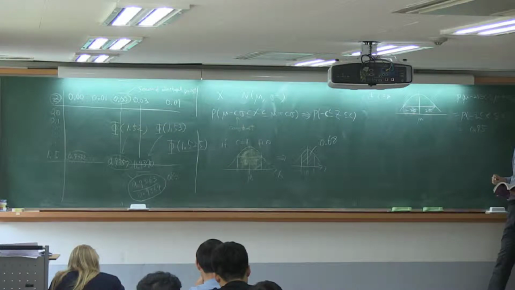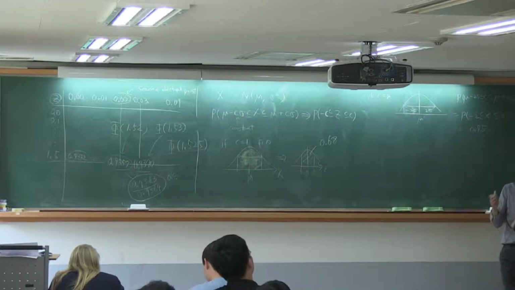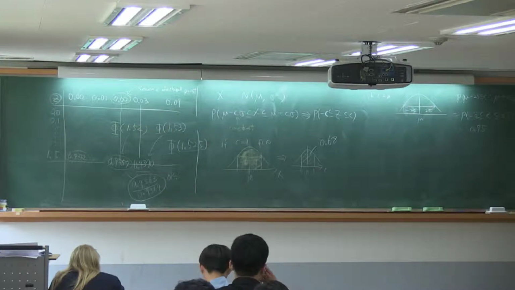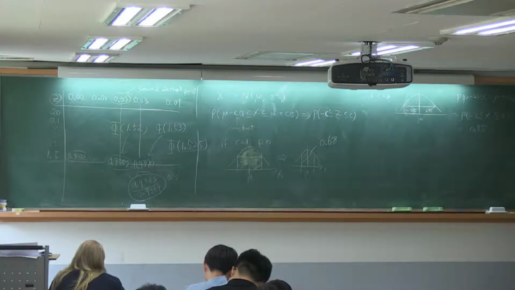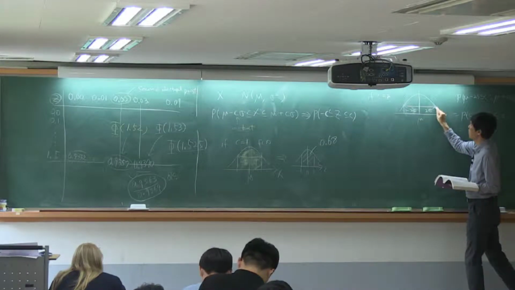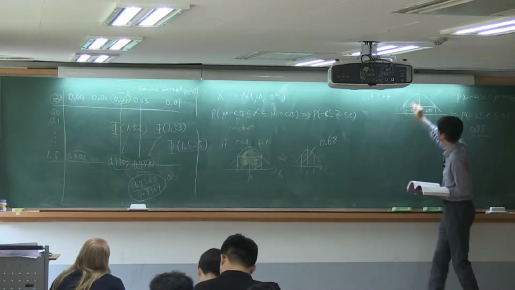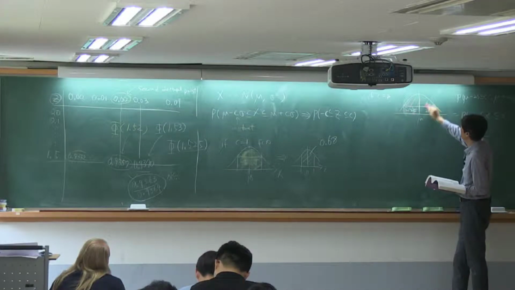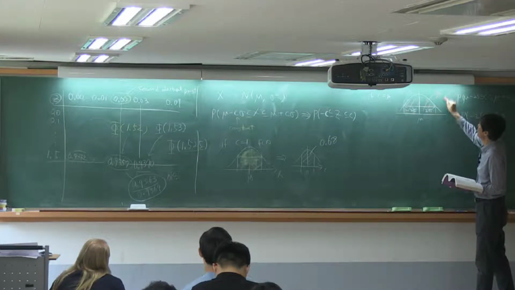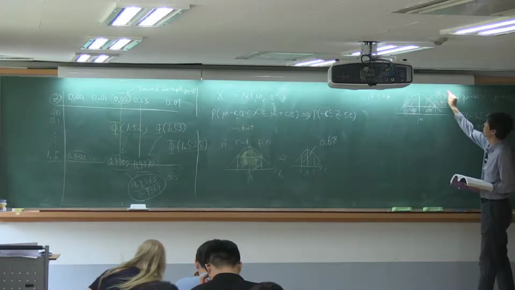That means from the mean of the random variable, the probability from mean minus 2 sigma to mean plus 2 sigma covers 95% of the whole area, so we say 0.95 probability.